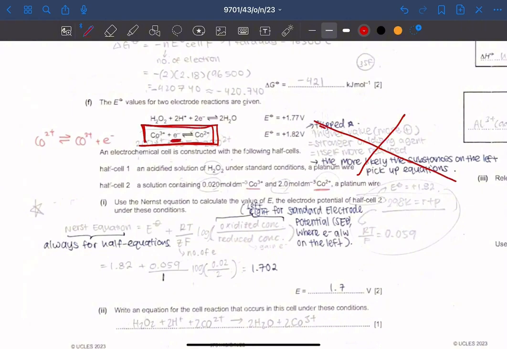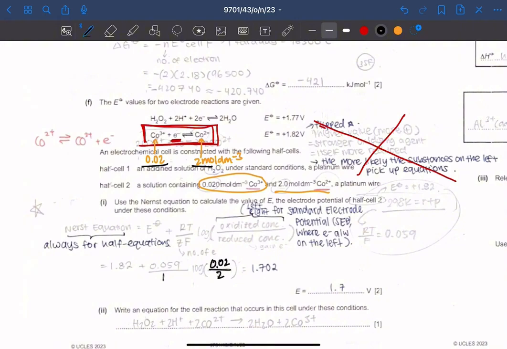So for example, if we are to use this equation where E minus is on the left, and it states that the solution containing 0.02 mole per dm cube of Co3 plus, so Co3 plus has 0.02 concentration, and Co2 plus 2 mole per dm cube. So in this equation, the one on the left is 0.02 and the one on the right is 2. So we do 0.02 divided by 2.